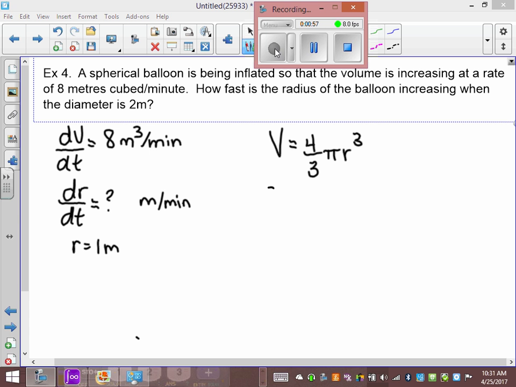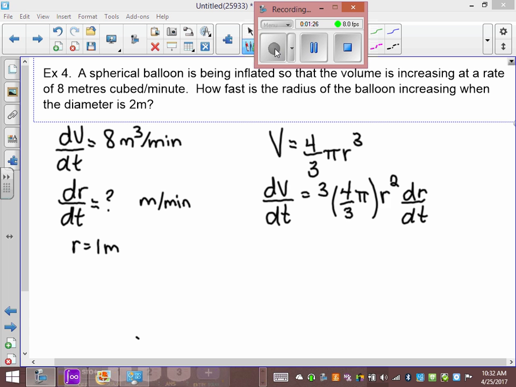So, do the derivative. The derivative of volume is dV over dt equals, drop the 3 in front, 4 over 3 pi r squared dr dt. Now we use power rule because this is literally like 2r cubed, except it's just ugly looking, 4 over 3 pi. But that's just like a number. So all you do is take your exponent, drop it in front with this number, and then drop the exponent by 1.